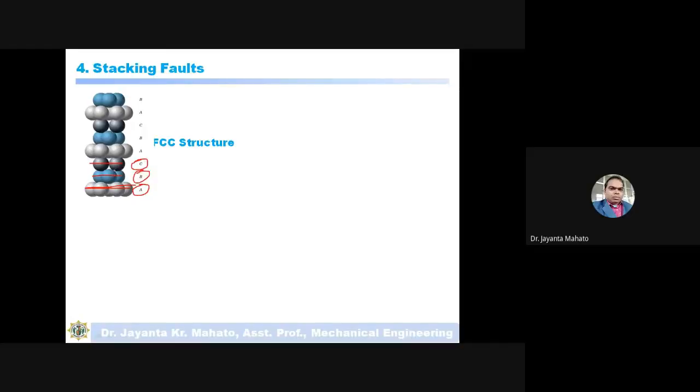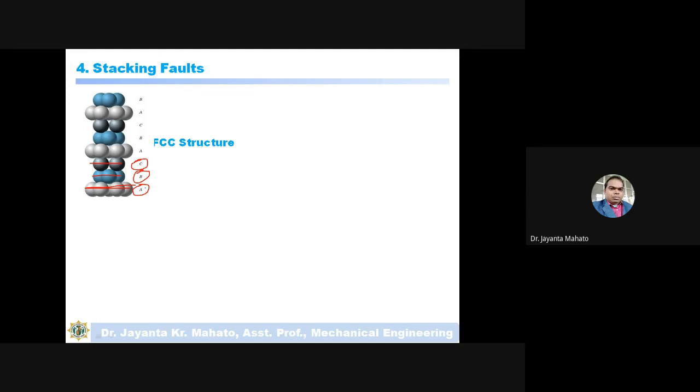These planes are placed one over another, and they are regular in arrangement. The first plane is A, then B, then C: the plane containing C atoms, the plane containing B atoms, and the plane containing A atoms. In this way the FCC crystal structure is formed.